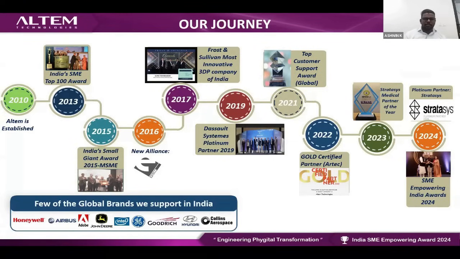In 2016 we started our new alliance with Esteco, which mainly deals with design and simulation solutions. In 2017, we received the Frost and Sullivan Most Innovative 3DP Company of India Award. In 2019, we received Dassault Systèmes Platinum Partnership. And in 2021, we received the Top Customer Support Award globally, again from Dassault Systèmes.